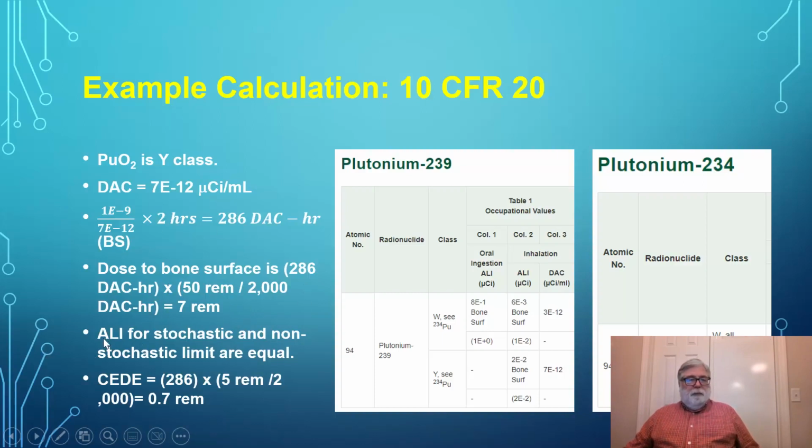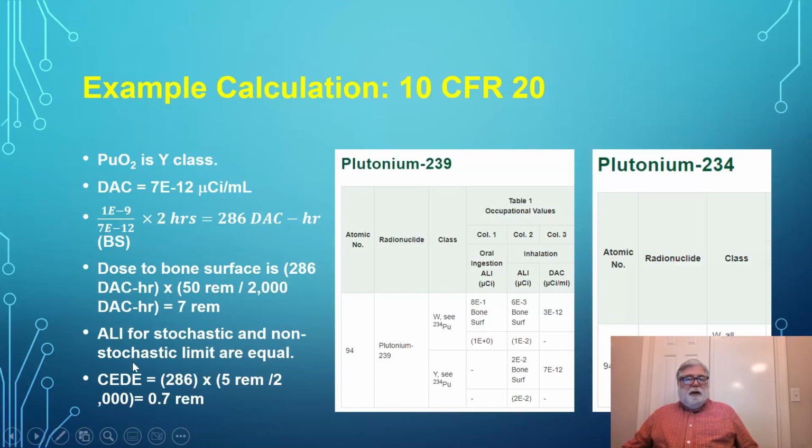Now, if we need to calculate the stochastic limit, in this case, we notice that the ALI for the stochastic limit is equal to the ALI for the organ limit. So that same activity will give us 5 rem. Because of that, we can just apply our DAC-hour calculation because of the same standards. Again, we don't need to make any adjustments.